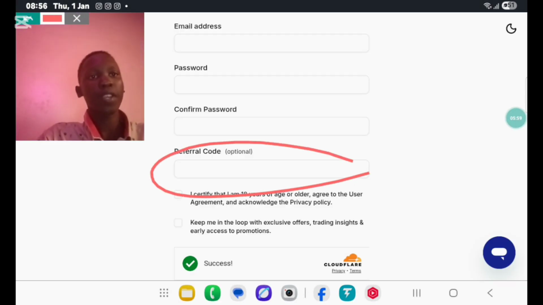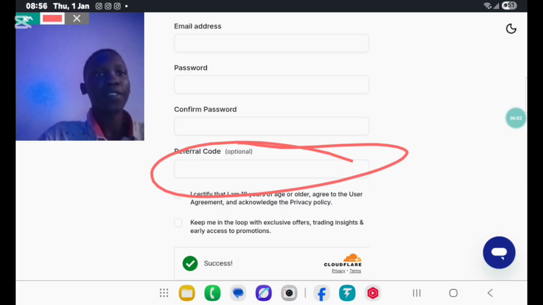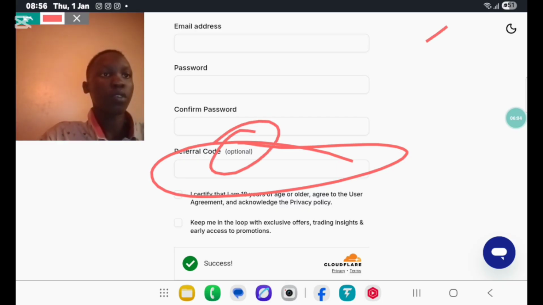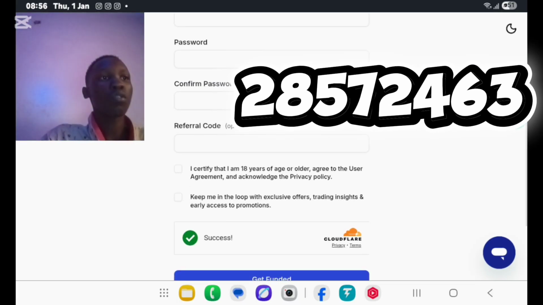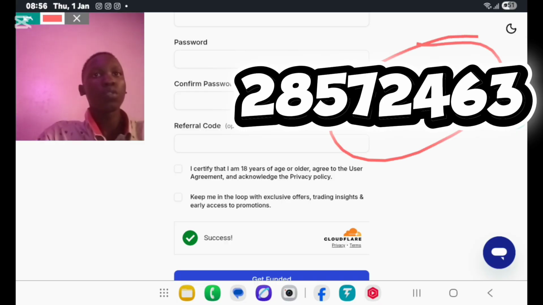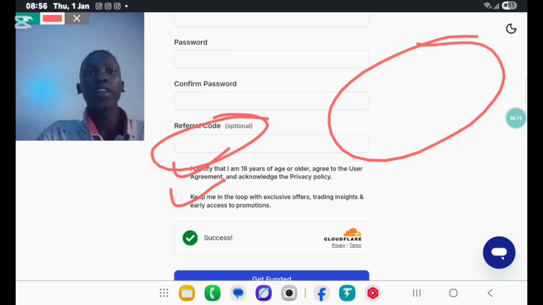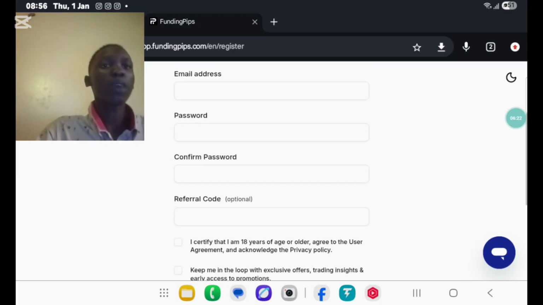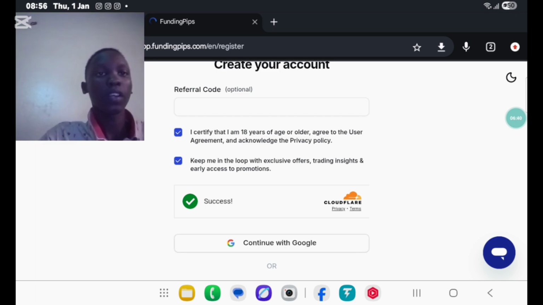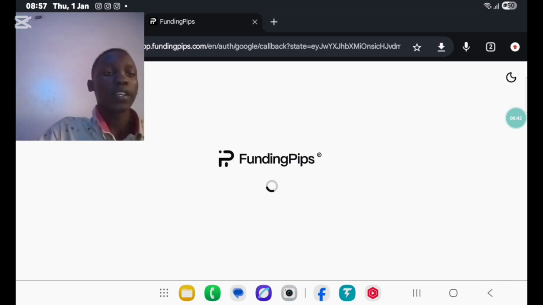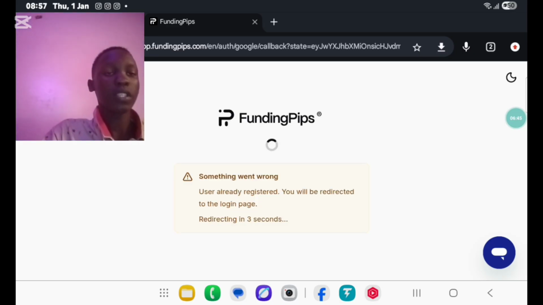There's this reference code, though it's optional, but in this video we don't make it optional. There will be a code appearing around this side. That code is what you put here, then you tick these two and you're good to go. For me, I've done all this process already, so let me just log in real quick. I'll be in now.